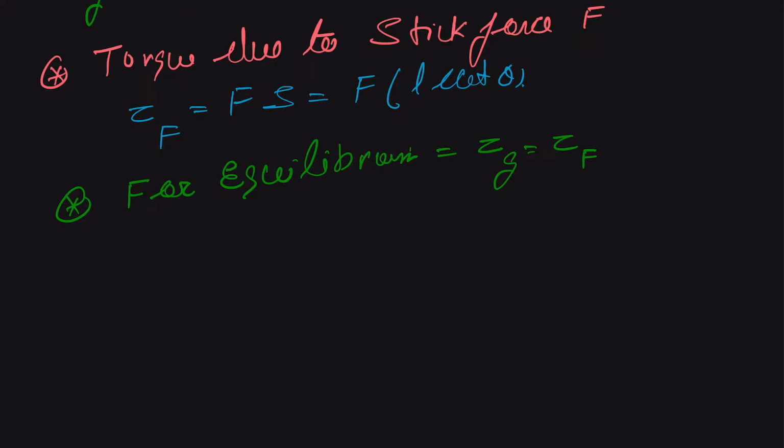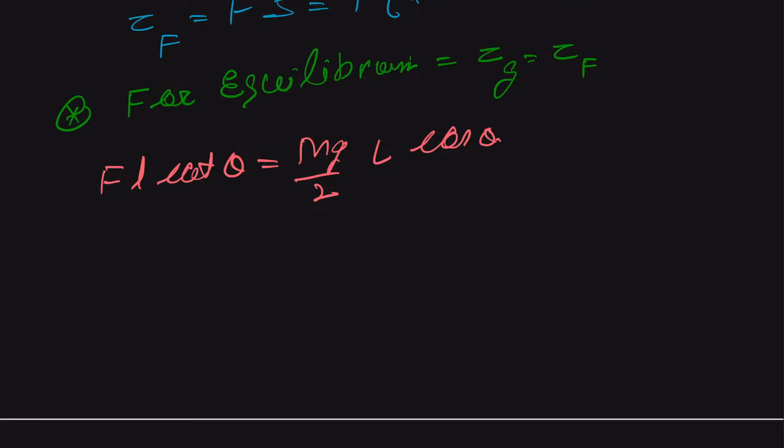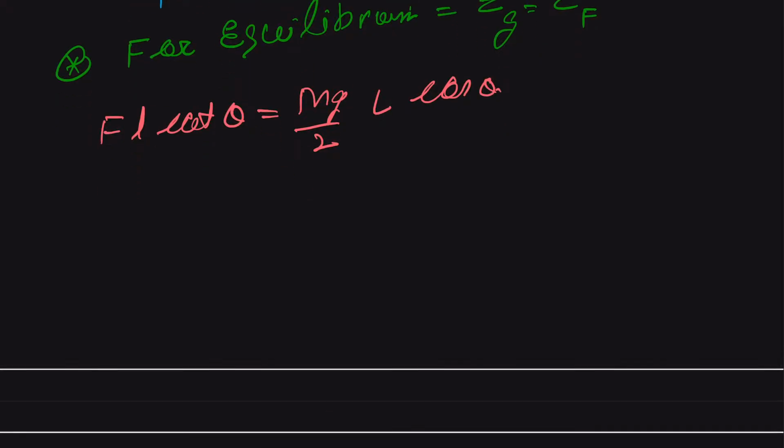We get F L cot of theta is equal to mg by 2 and L cos of theta, and we are going to solve for this F. Therefore we can say that F is equal to mgL upon 2L, and cot is cos upon sine, so cos cancels out, and we get sine of theta.